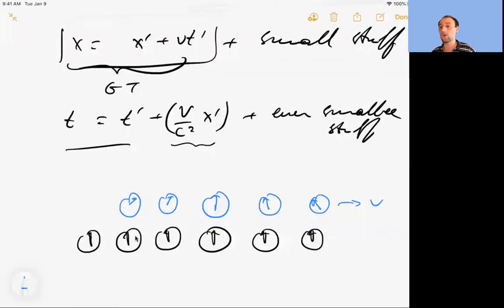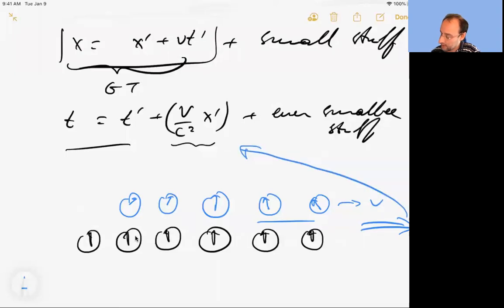So unless you go really far that way, for that effect to become noticeable, you can forget the fact that these are not synchronized. And that's what basically this is saying.